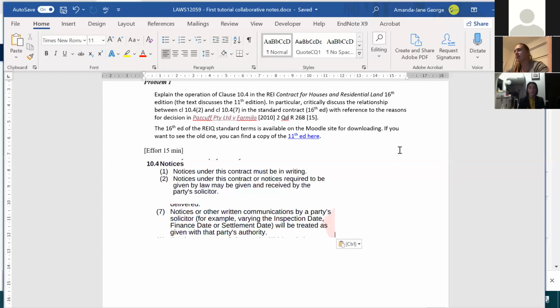So, salient lesson: yes, solicitors do, generally speaking, bind their clients when they're acting with ostensible authority and also contractual authority under 10.4.